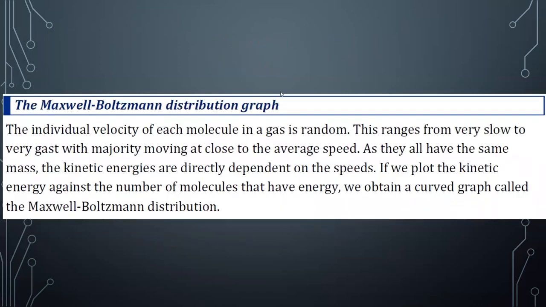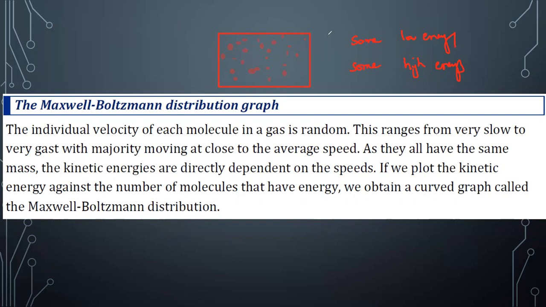So the Maxwell-Boltzmann distribution graph shows how the energy is distributed among the particles. As everything is made up of particles, and these particles have energy, not all the particles, even within the same material, have the same energy. Some particles will have low energy, and some particles will have high energy, but most of the particles will have average energy.